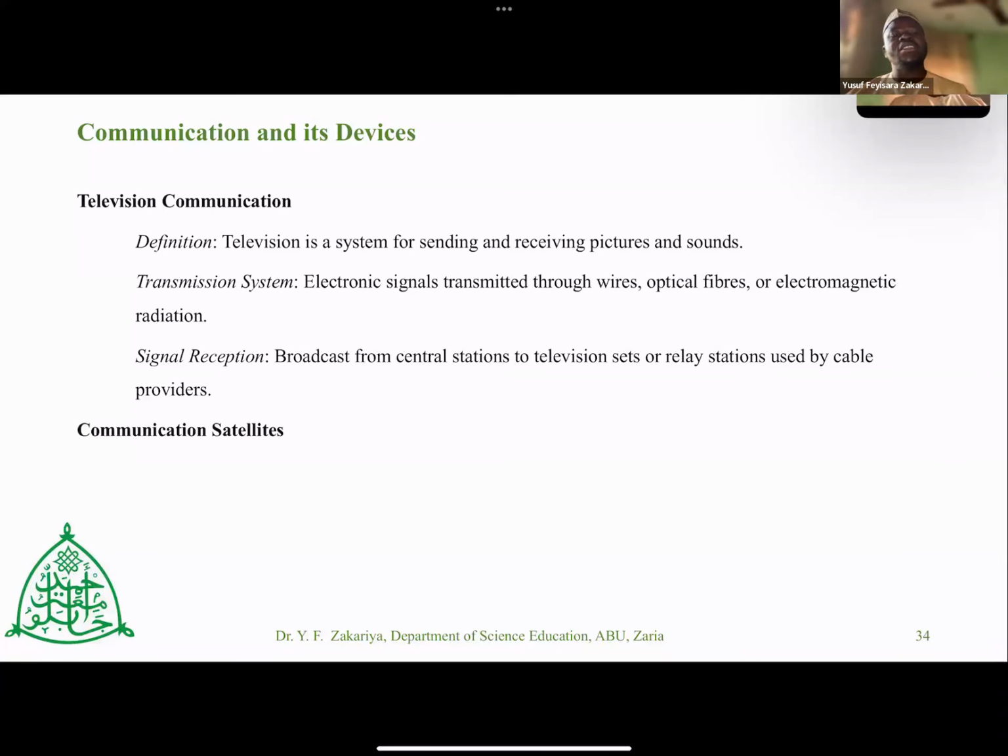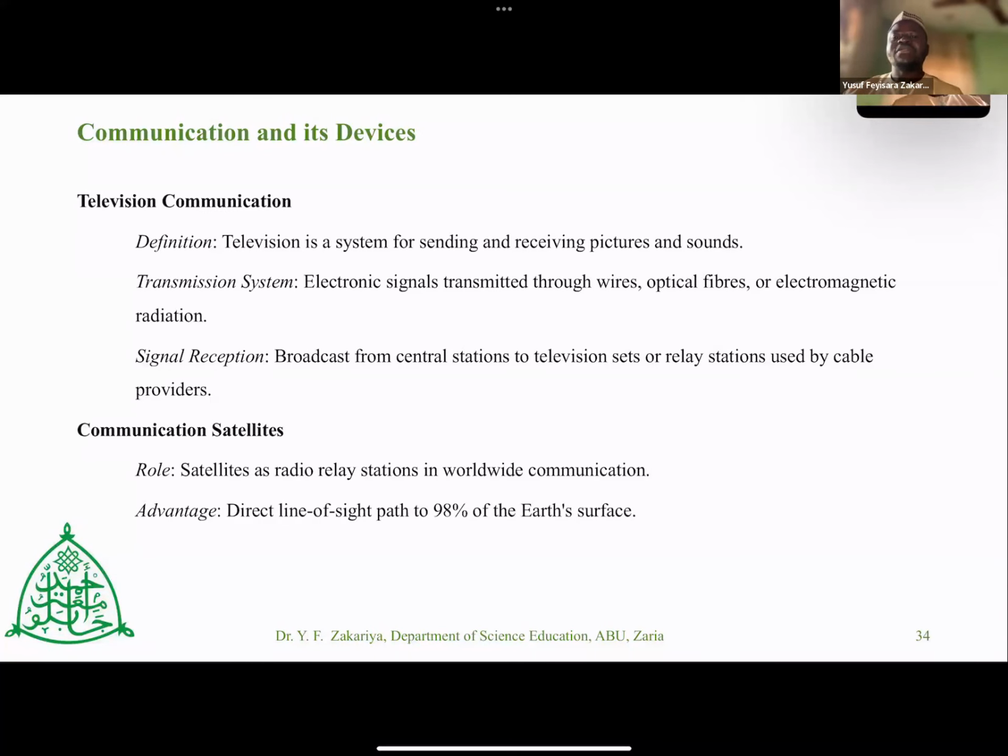They also have the next part of it, the communication satellites. So satellites act as radio relay stations, providing signals for all these radios and TVs. And the advantage is that there is direct line of sight path to 98% of the Earth's surface. Satellites are usually located in space, through which we can communicate.